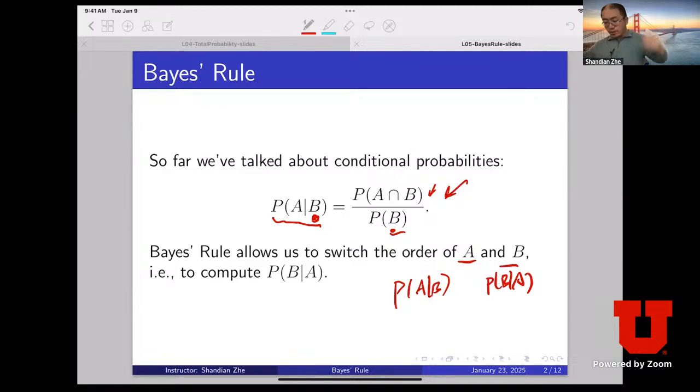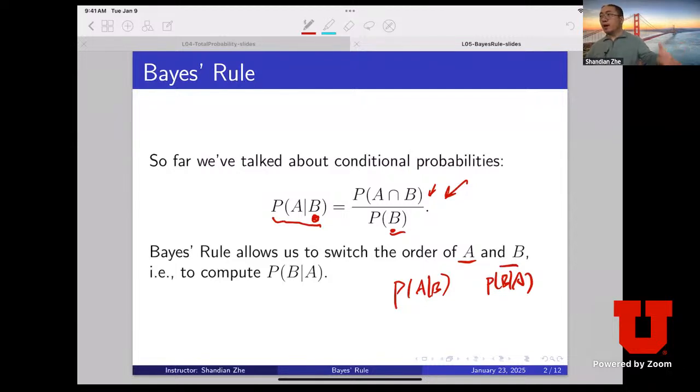Consider an actual case. Say A could be the stock price rises, and B would be there's a big snow.